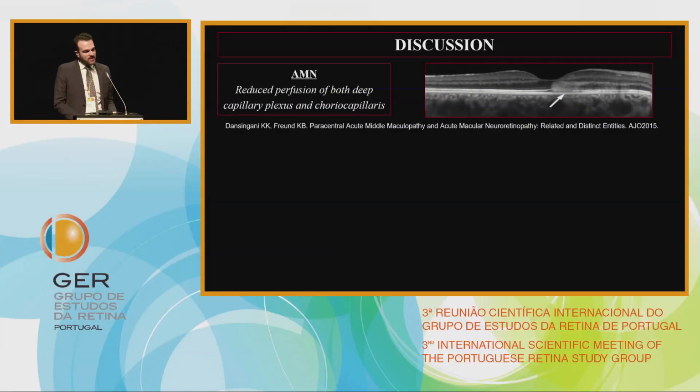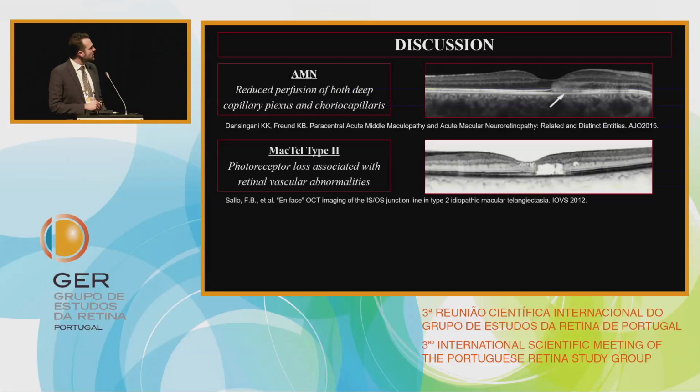There are already some evidences of potential correlation between the perfusion of the retina and the perfusion of the choriocapillaris, since in case of AMD, a potential pathogenetic mechanism is related to a simultaneous reduced perfusion of both the capillary plexus and choriocapillaris. In MacTel type 2, we have a photoreceptor loss, mostly associated with retinal vascular abnormalities.